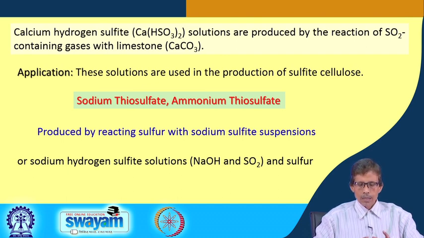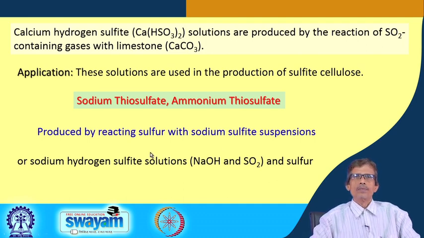One is the corresponding SO3 2 minus and the other is simply S, that means sulfur S0. So, elemental sulfur is providing you sulfur atoms which are attached to it, converting your SO3 2 minus to S2O3 2 minus.